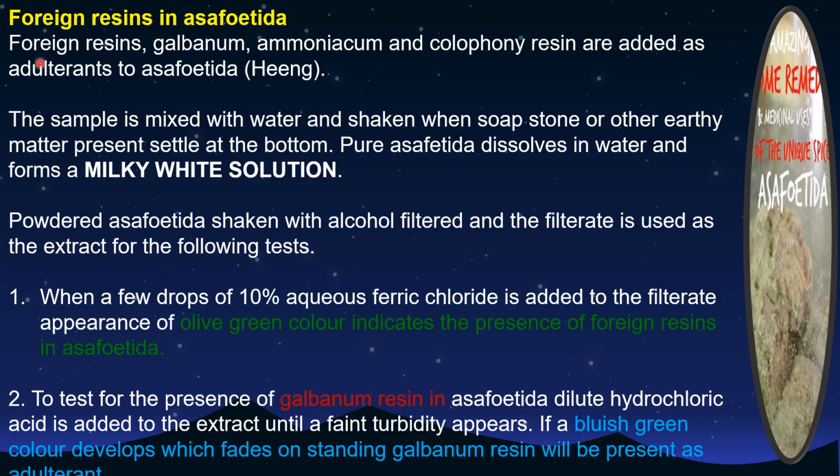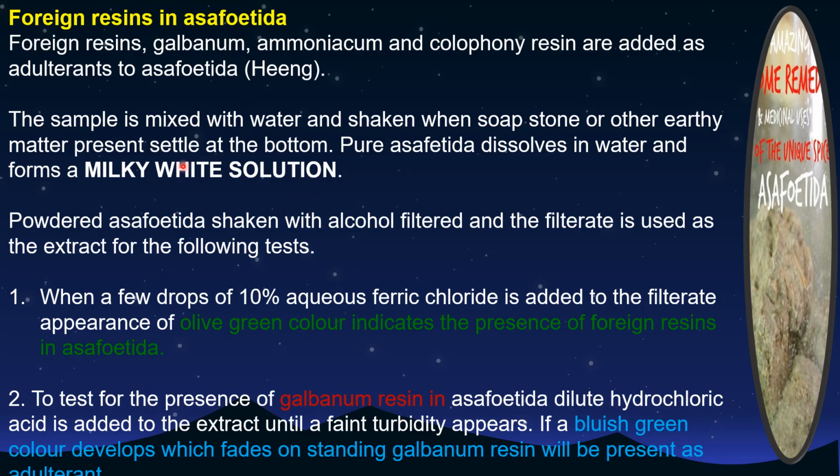We will see now the adulterants that are present in asafoetida, Hing. So the adulterants that are present in asafoetida are foreign resin, ammoniacum, colophony resin. All these can be added as adulterants in asafoetida. So how to identify it?